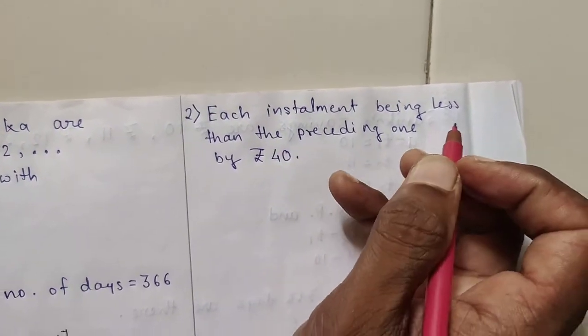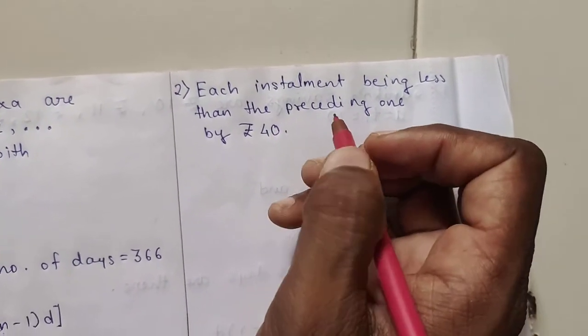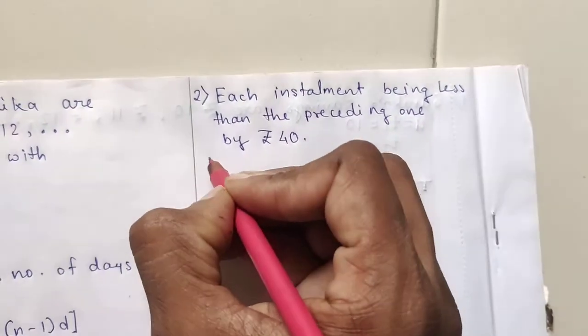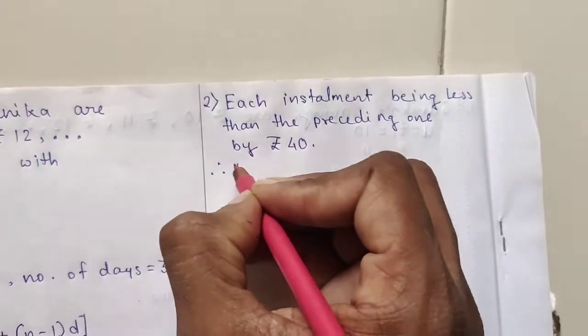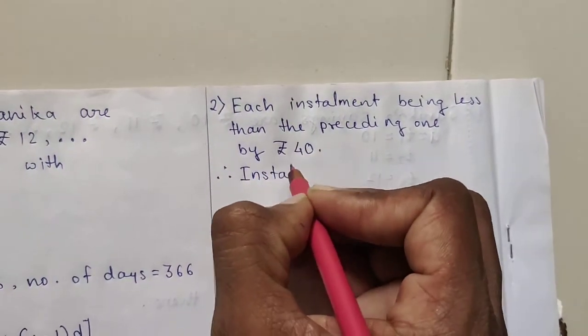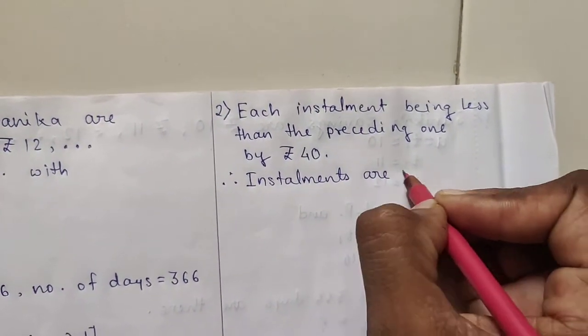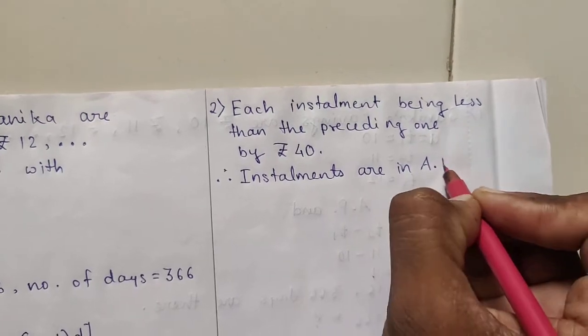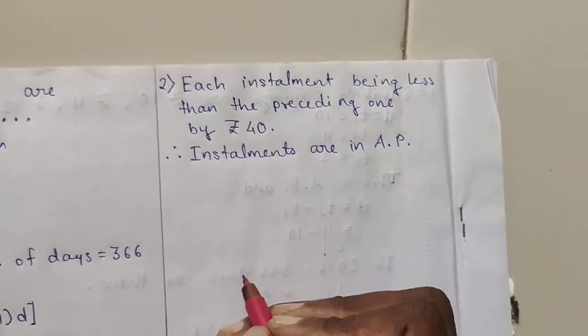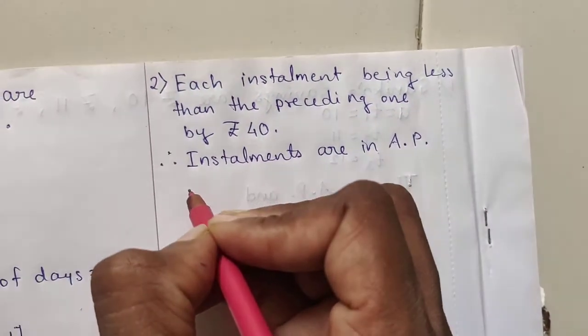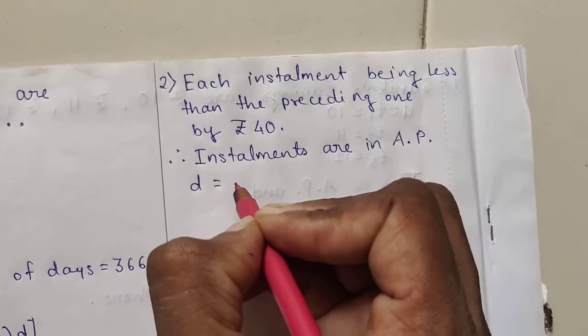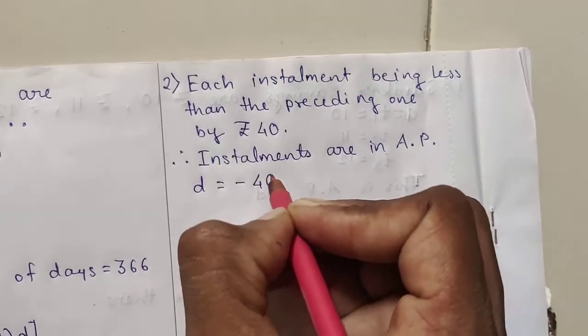So each installment is less than the preceding installment by rupees 40. That means, therefore, installments are in AP. Now since installments are in AP, we can use the AP concept.